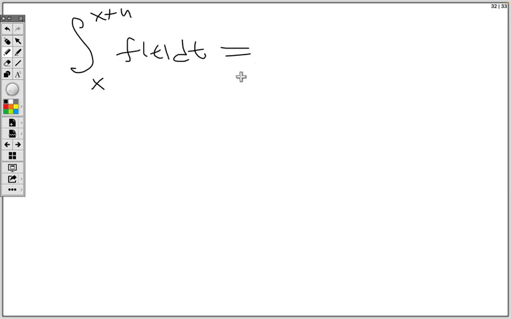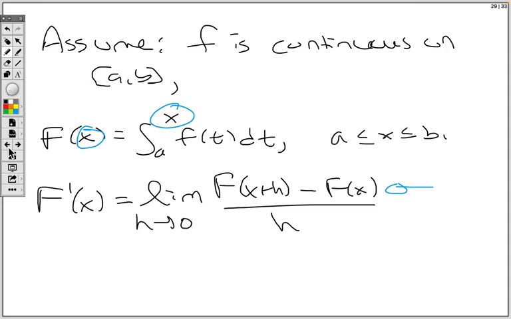Now, this is where the mean value theorem comes into play, because when I integrate from x to x plus h of f of t dt, I can hit this with the mean value theorem for definite integrals. Since little f is continuous, I know that I can rewrite this integral. Well, let's back up a little bit. I'm not quite done yet. Let's go back here. So that's what's in the numerator, and then I'm dividing this by h.